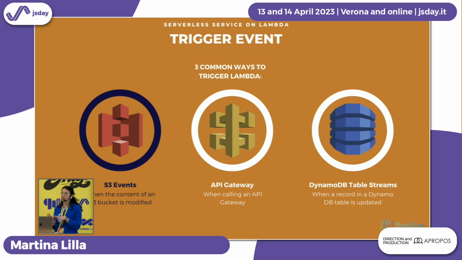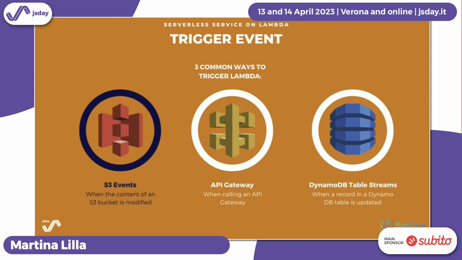Altering the content of an S3 bucket can be achieved either by creating, updating, or removing a file. And when you define the event for which you are interested, you can specify in which kind of event you are interested in. So if it's creating, removing, or updating the file.